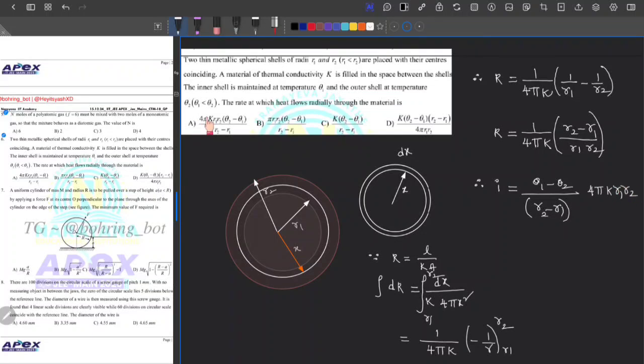So the answer is 4 pi K r1 r2 into theta 2 minus theta 1 by r2 minus r1. So therefore I is equal to theta 1 minus theta 2 into 4 pi K r1 r2 by r2 minus r1.